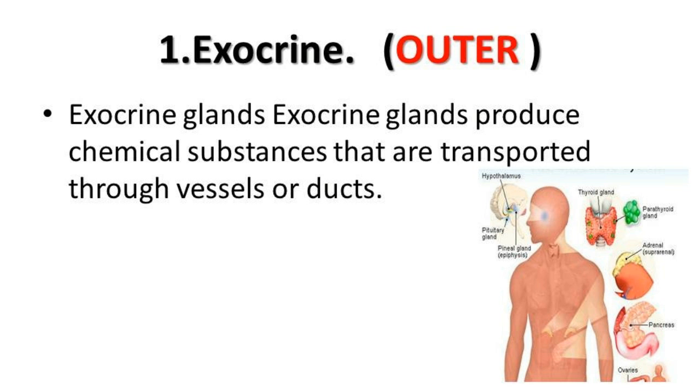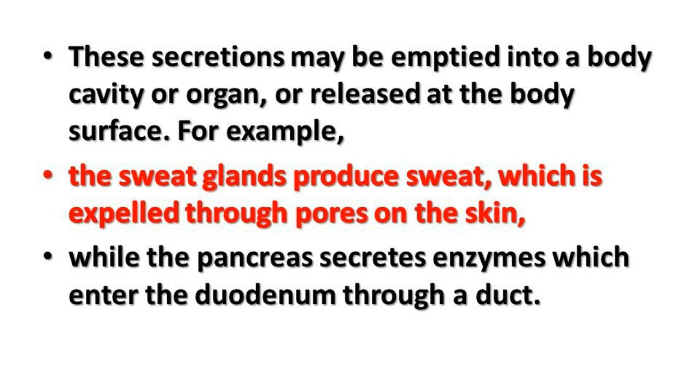So exocrine glands produce chemical substances that are transported through vessels or ducts. These secretions may be emptied into the body cavity or organ, or released at the body surface.